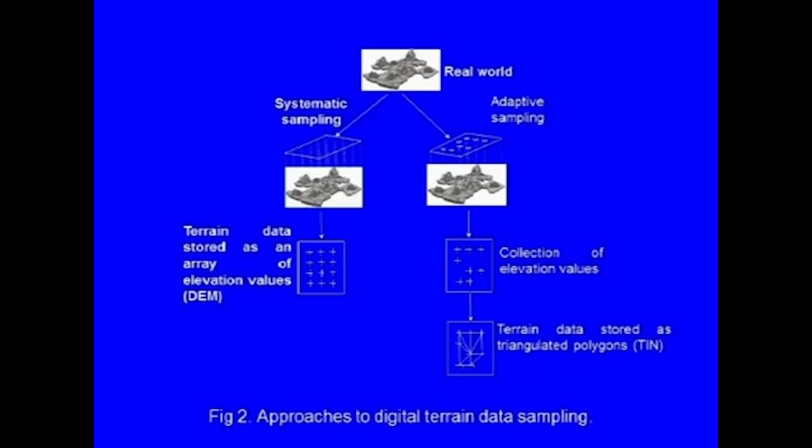However, in adaptive sampling, the data of the real world would be collected in a random manner depending upon the need, and the data may be collected over irregular spacings in a random fashion, and the terrain data is stored as triangulated polygons, or what we call TINs.